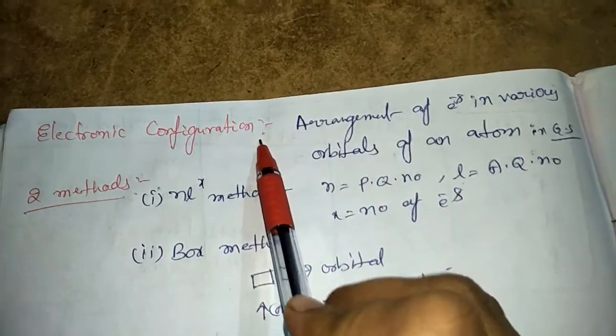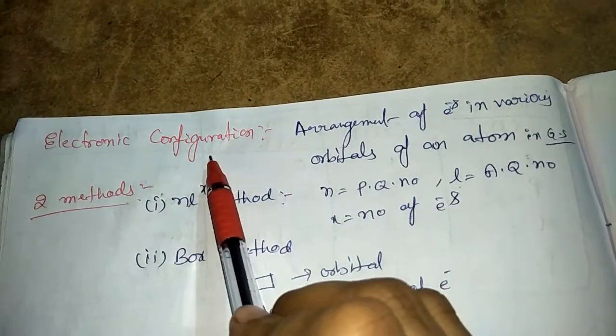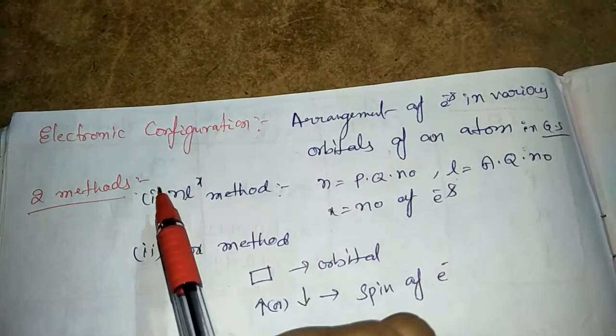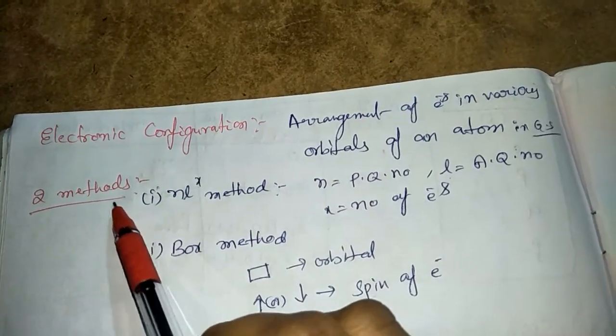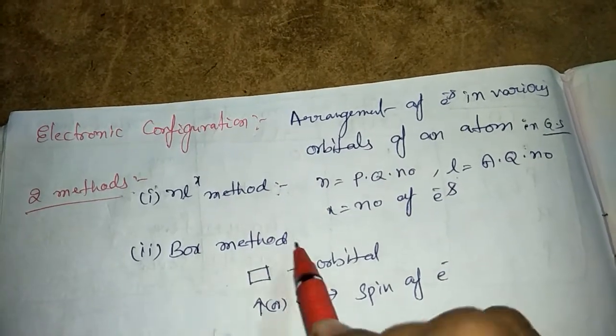Here there are two methods to represent the electronic configuration. The two methods are, one is the nlx method, another one is the box method.